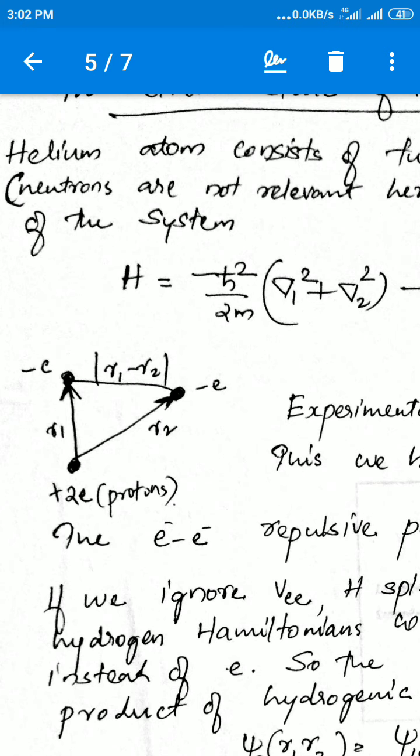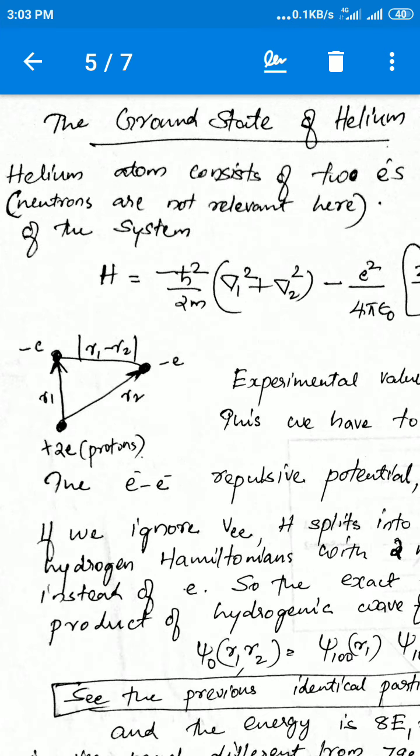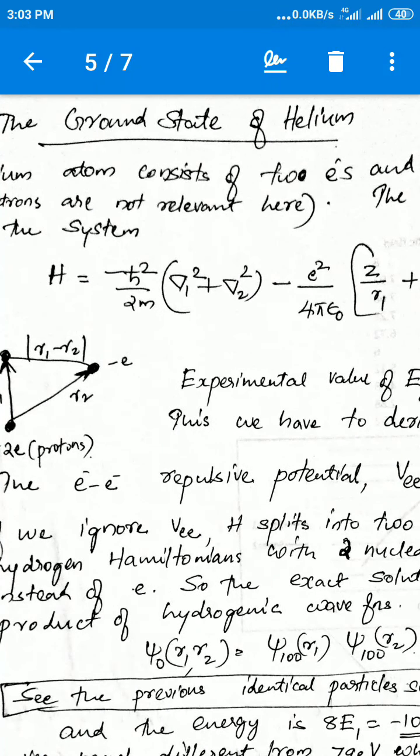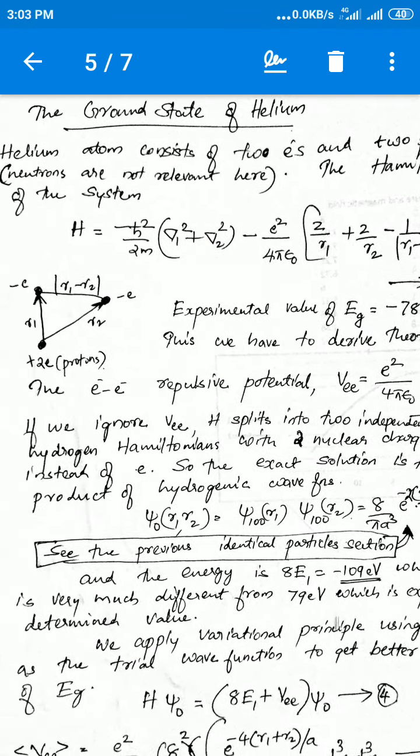H is equal to minus h bar squared del 1 squared by 2m plus minus h bar squared del 2 squared by 2m. They are the kinetic energy of these 2 electrons. We take the sum of them, and then let us take the potential energy. Here 1 by 4 pi epsilon 0 q1 q2 by r will be the potential energy, because it is the Coulomb potential for charged particles.